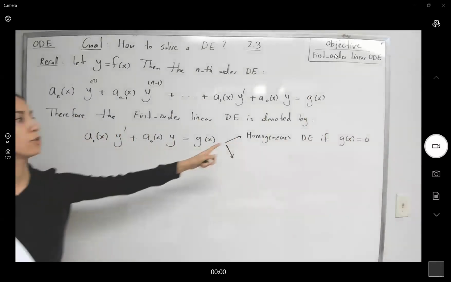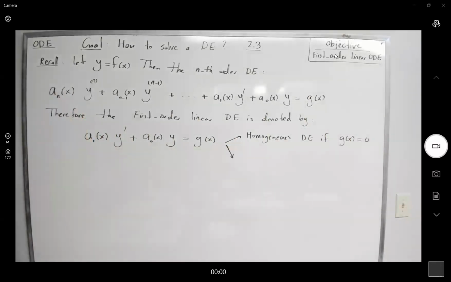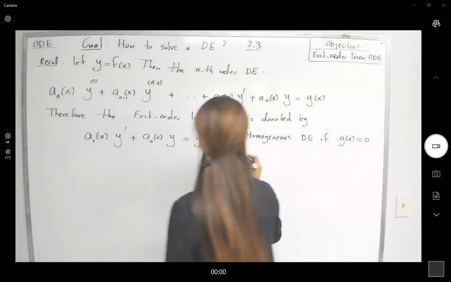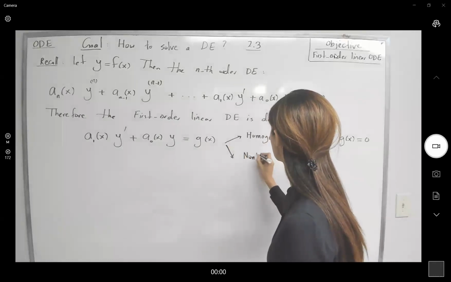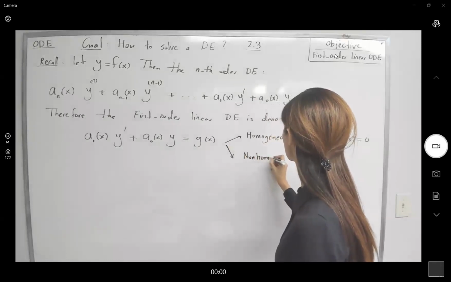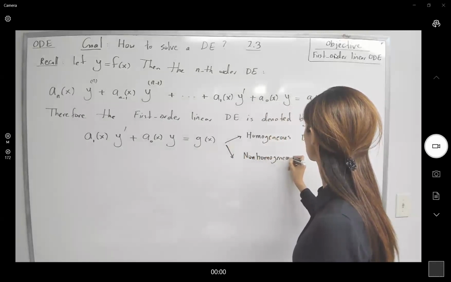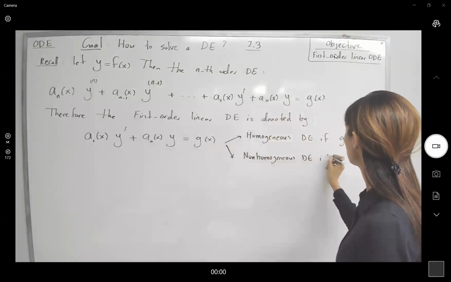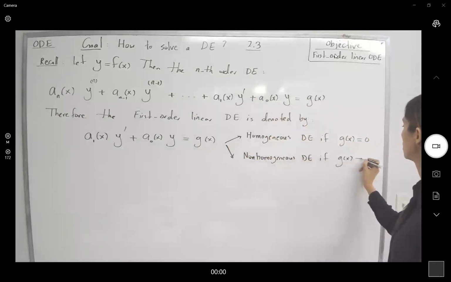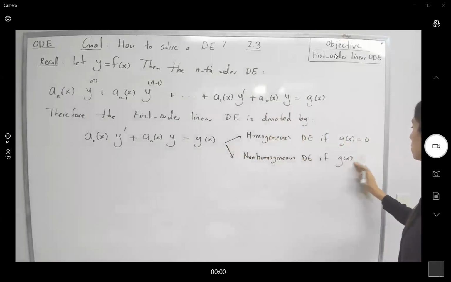Otherwise, we call it non-homogeneous. So non-homogeneous DE if g of x is not 0.